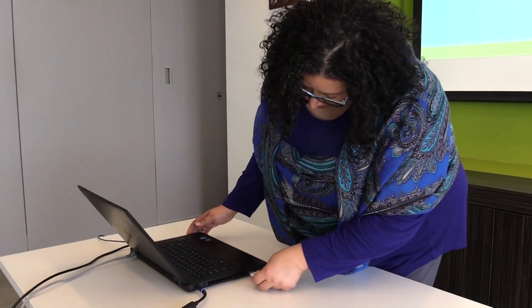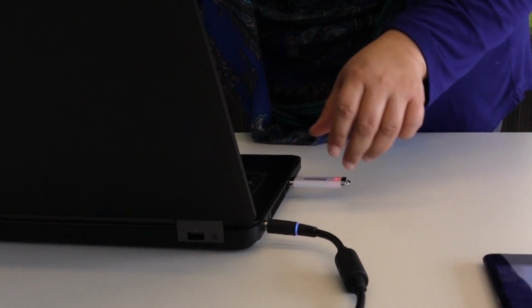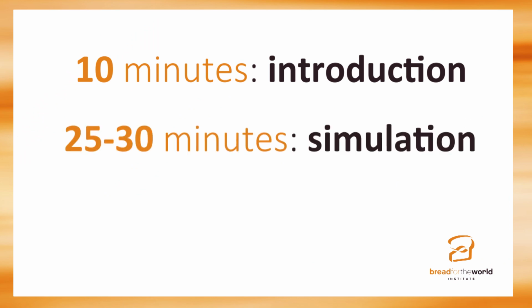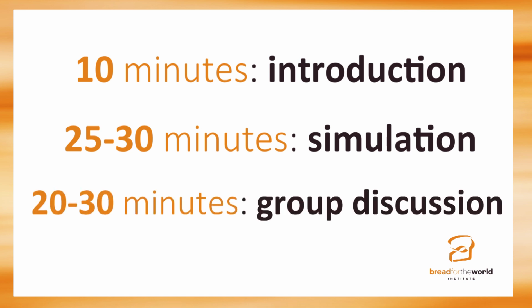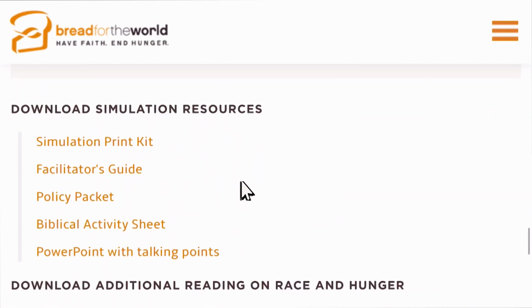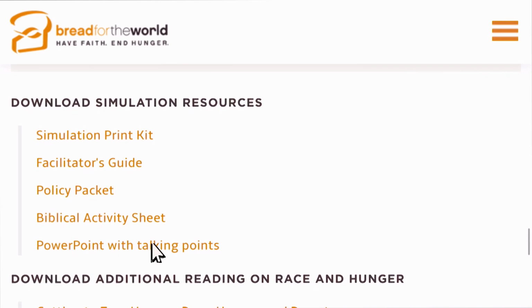And don't forget your backup copy of the PowerPoint presentation, but only if you plan to use one, along with your timer. Allow 10 minutes for the introduction, 25 to 30 minutes for the simulation, and 20 to 30 minutes for the large group discussion and next steps, or longer if you prefer. We've provided easy talking points in the PowerPoint, which is linked below.